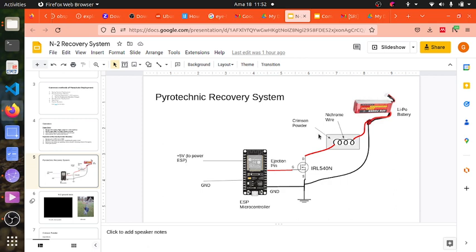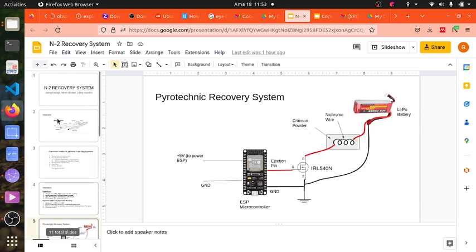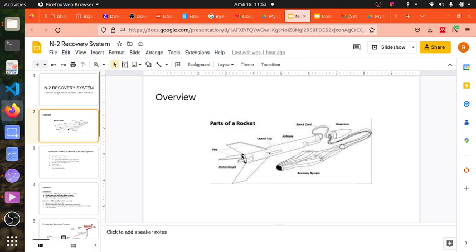The crimson powder is a pyrotechnic substance, which means it explodes. That's why it's called hot gas deployment. It's a very hot gas at a very high pressure. So let's have a look at this again. When the ejection pin goes high, the circuit is completed.